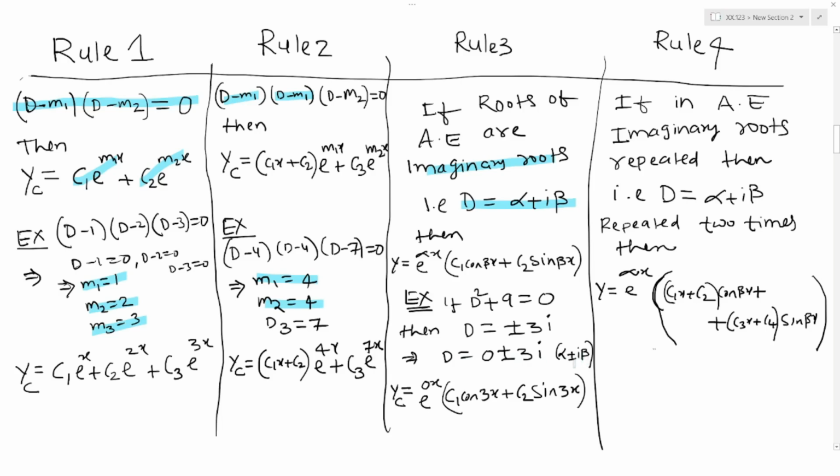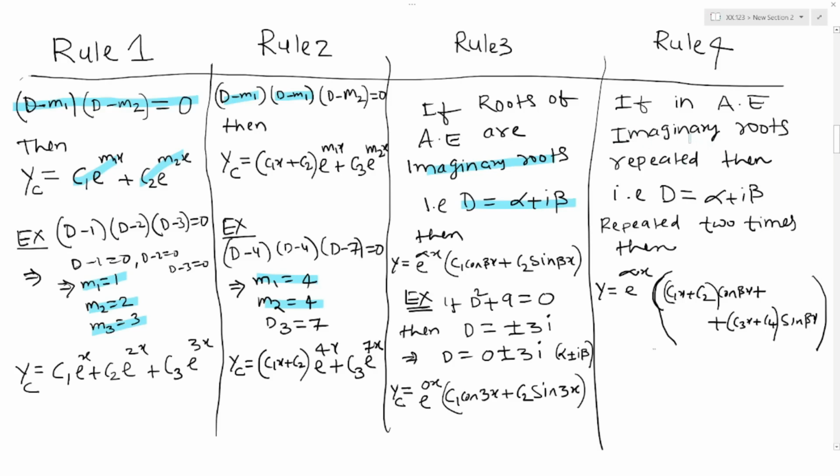That means the rule is true for plus and the rule is true for minus. So the alpha value is 0 here and the beta value is 3. So the solution is e raised to 0x times c1 cos 3x plus c2 sin 3x. If there is a minus, what to do? That would be cos of minus theta, which equals cos theta.